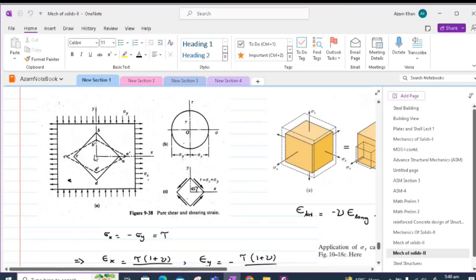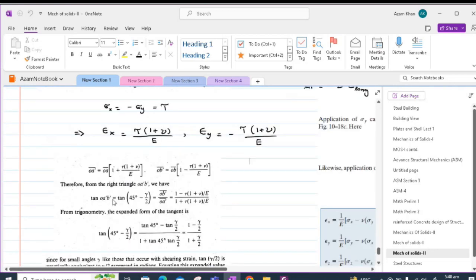In right triangle OA prime B prime, tangent of (45 minus gamma by 2) will be equal to OB prime by OA prime. Hence, we have written tangent OA prime B prime is equal to tangent (45 minus gamma by 2) is equal to OB prime by OA prime.